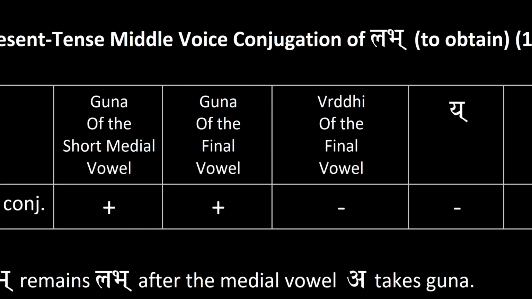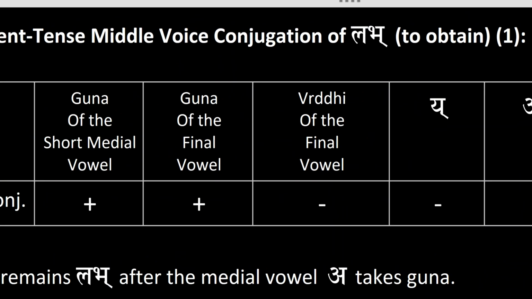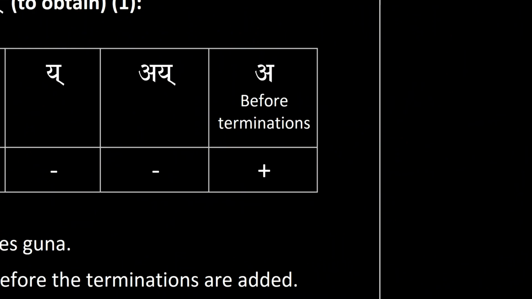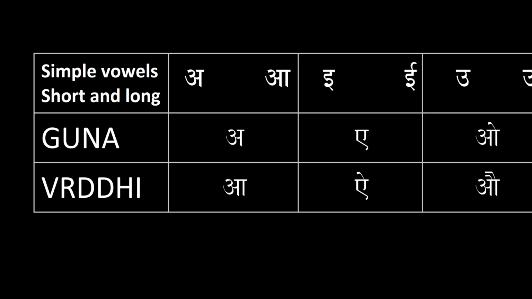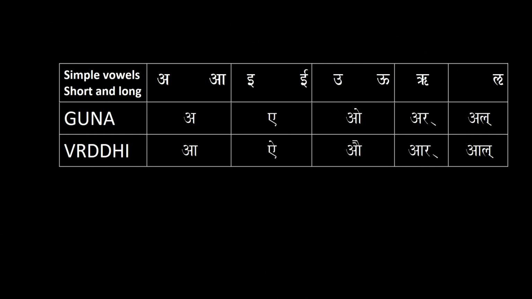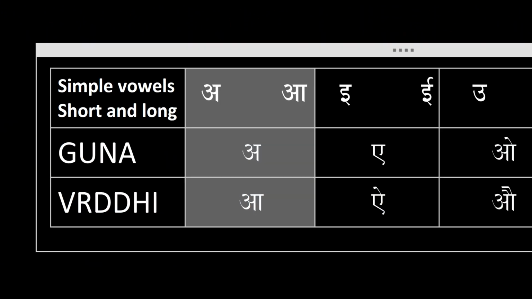Now at this point, after converting so many verbal roots, we should already know that once a takes guna, it remains a. But again, here is the table for your convenience. So we have a here, and when it takes guna, it remains a.